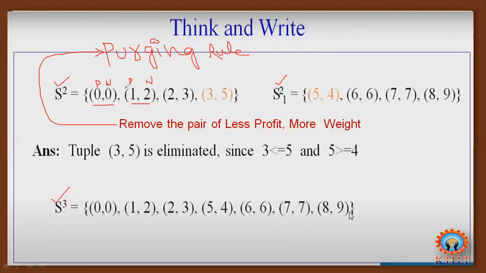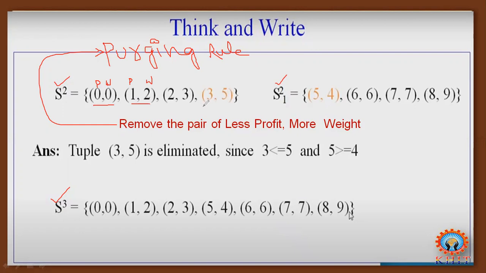Next, if you consider (1,2) with (2,3), profit is increased from 1 to 2, weight is increased from 2 to 3, no issue. If you compare (2,3) and (3,5), profit is increased from 2 to 3, weight is increased from 3 to 5, no issue.